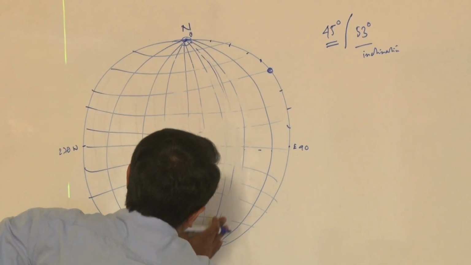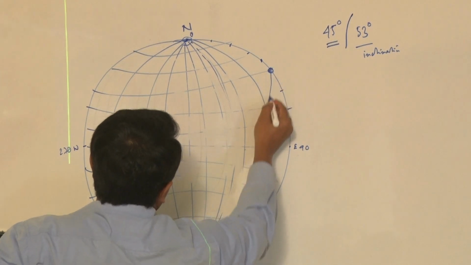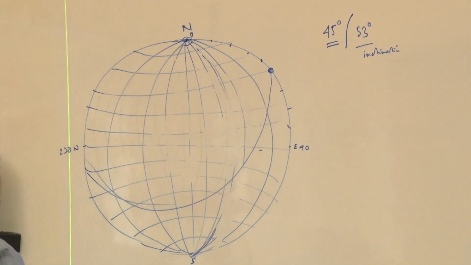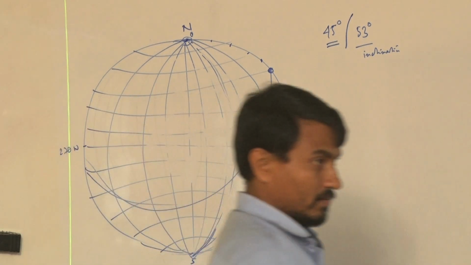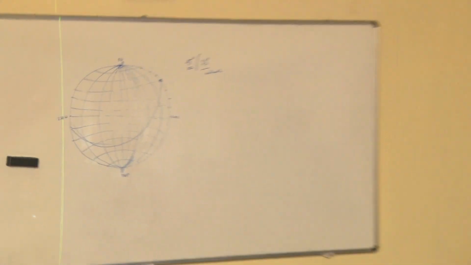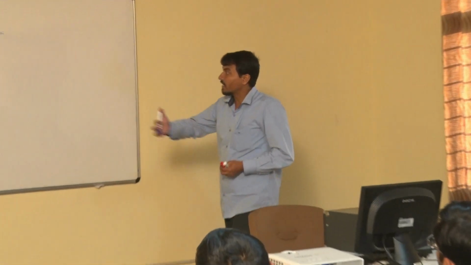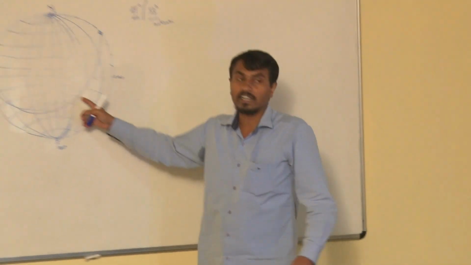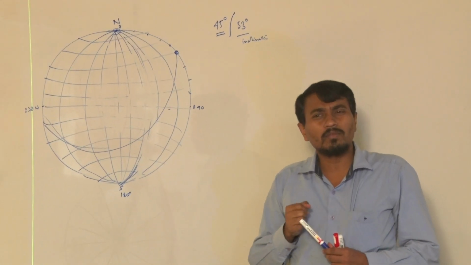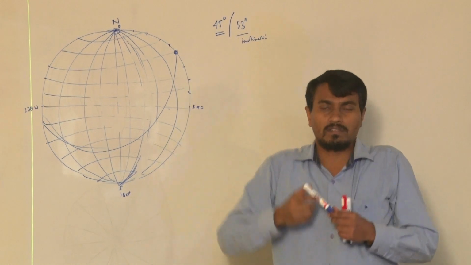So ultimately it will look like this. The joint with 45 degree orientation and 53 degree inclination will look like this great circle in this stereonet.